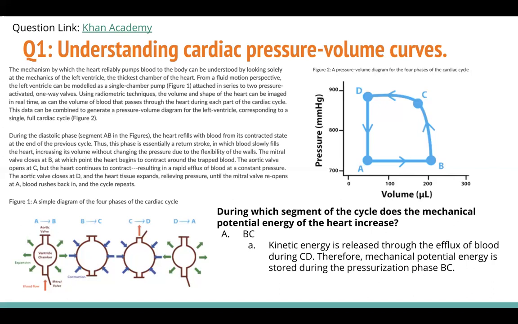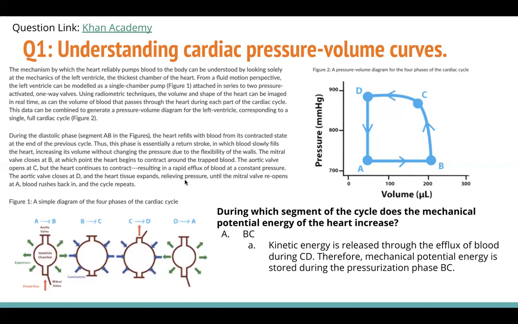In the first paragraph, they actually mention how the system of the left ventricle can be modeled as a single chamber pump attached to 2 pressure activated one-way valves. So you can just think of it as basically increasing the pressure at BC, increasing it until the aortic valve opens. And when the aortic valve opens, that's basically when the potential energy turns to kinetic energy as the blood rapidly effluxes out into the aorta.